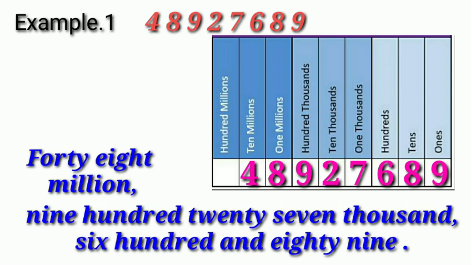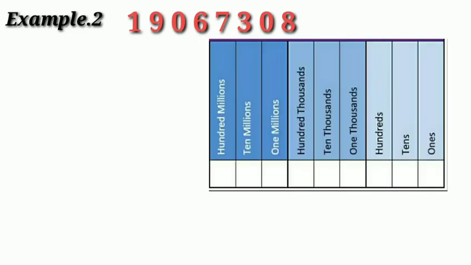Do you understand, my dear children? Now let us take second example. 19,067,308. Okay, children. Let us take place value chart and write the number in the chart.